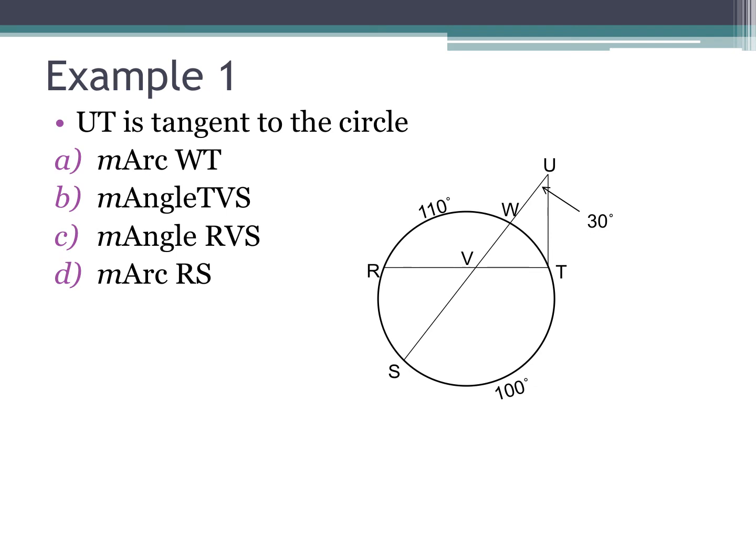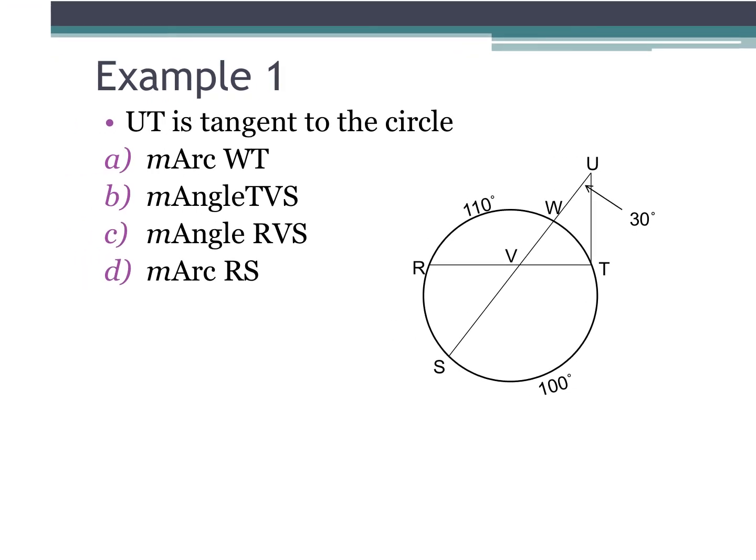So for the first one, they're giving us that UT is tangent, and they're also giving us the measure of angle U, as well as those two arc measures. So let's see if we can figure out where WT is. So WT is right here.